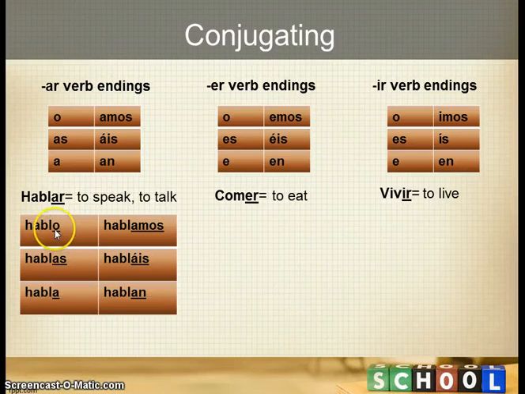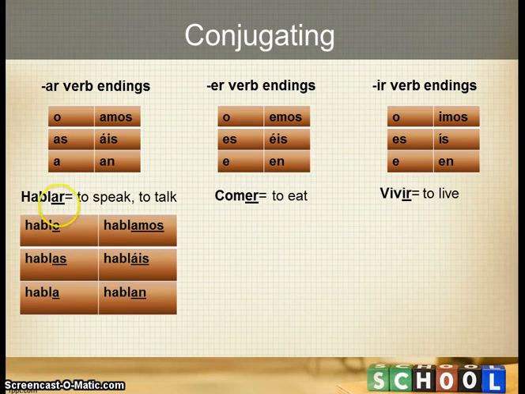You could actually write the stem of the verb, which is everything except for the AR, underline the AR up here, write the stem in each section, and then go back and fill in with the AR verb endings. So you always want to check the end of the verb to see what kind of endings that verb is going to take.